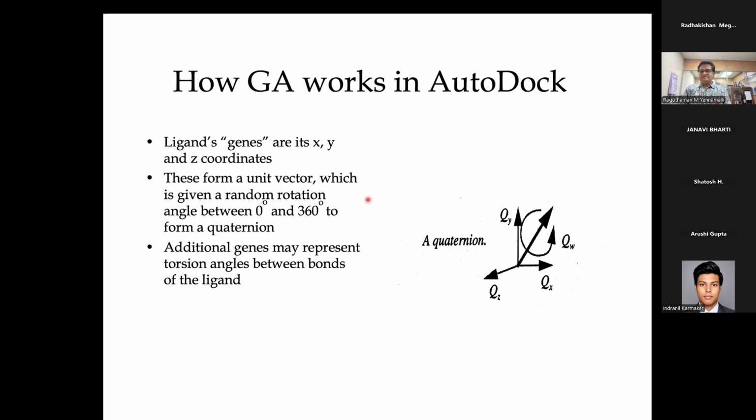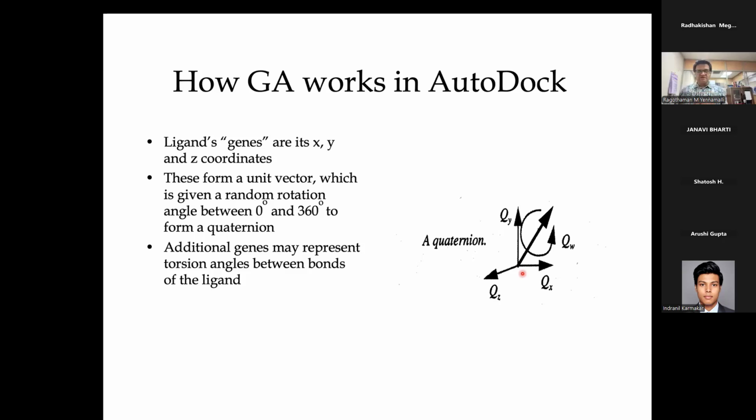So in AutoDock, as I said, the genes are its X, Y, and Z coordinates. You can have a rotational bond. The rotation is usually 360 degrees, but because of the constraints in the ligand, some of these are not 360 degrees, but maybe 90-degree movement, or it could be within 180-degree movement.